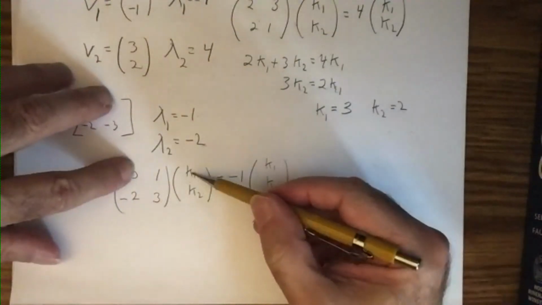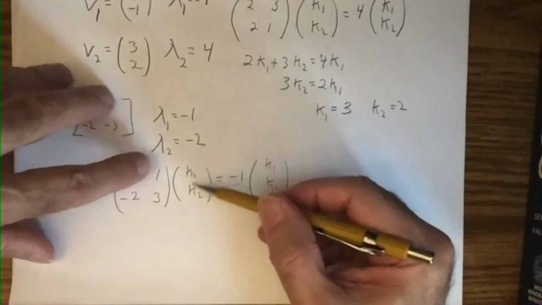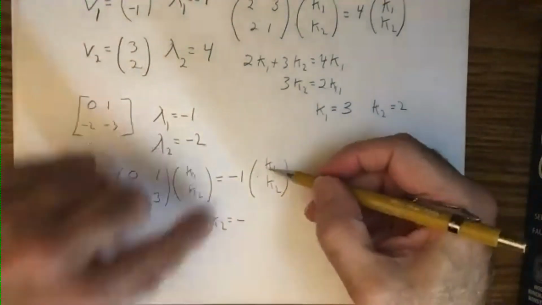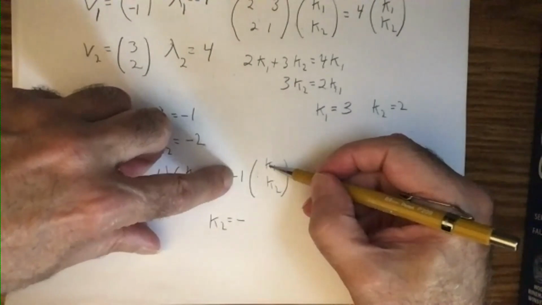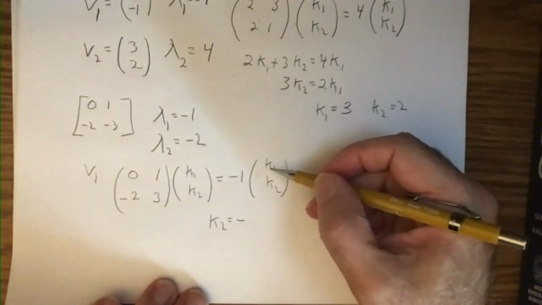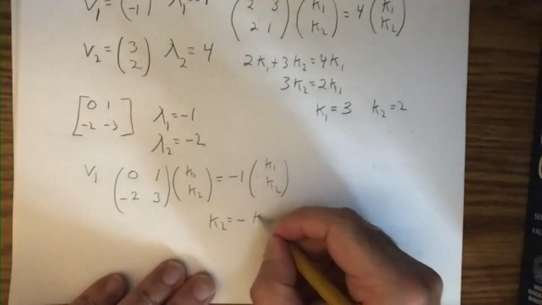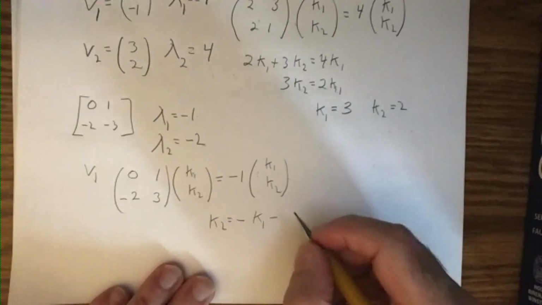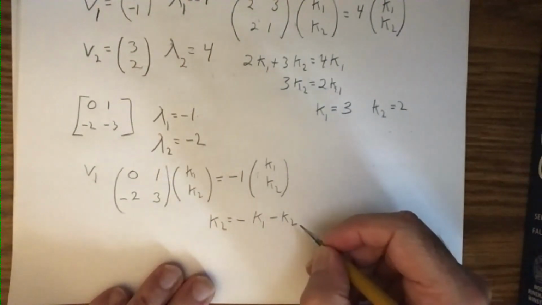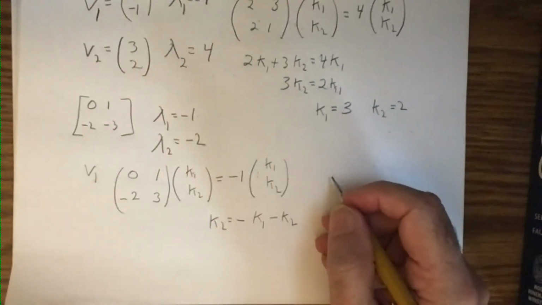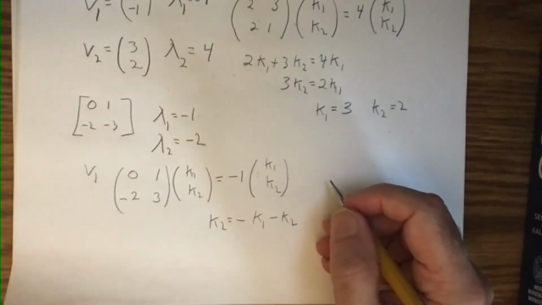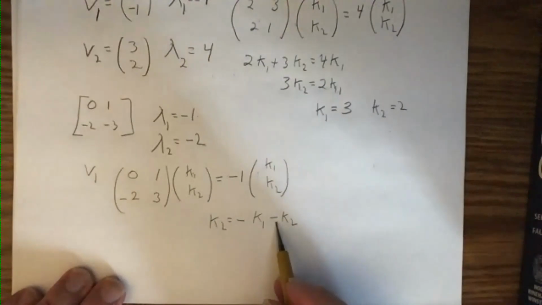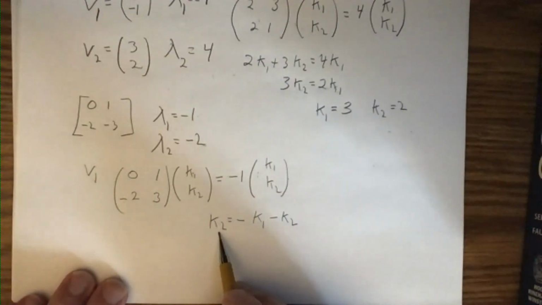So let's see. So this is 0, right? This times this is 0. This times this is going to be K2. Then I'm going to get minus this times this. Yeah, this times this is going to be minus K1. And then I'm going to get a minus K2. So I'm getting... something's not right here.